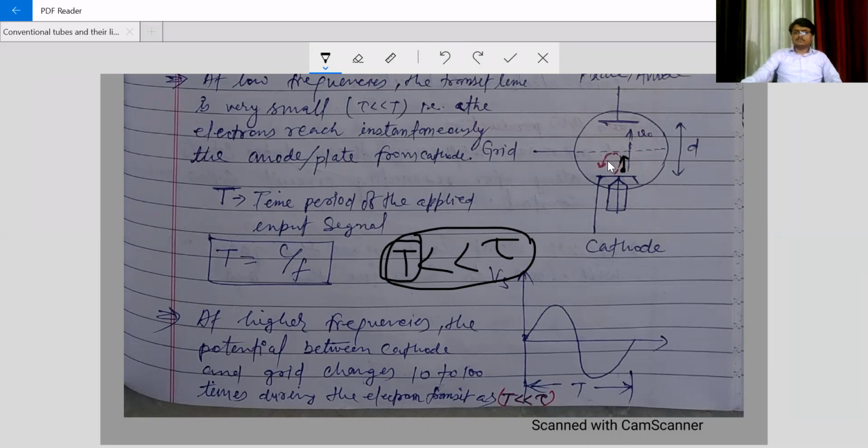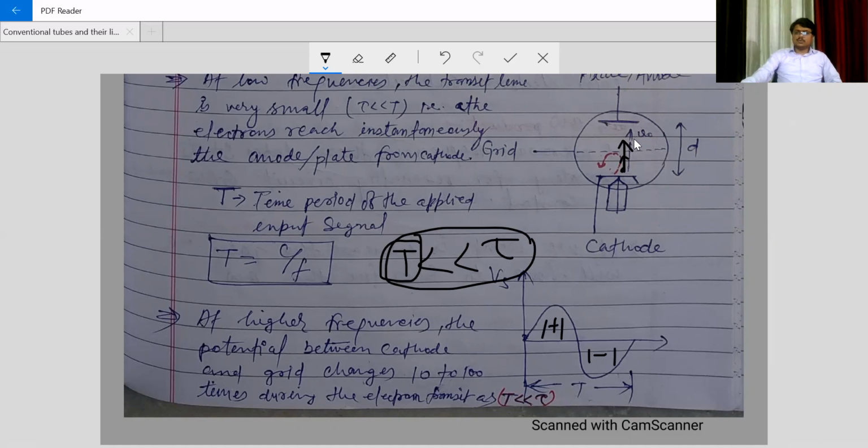So what will happen? The electron, in positive half cycle, will go from here to here, let us say. And now the polarity has changed. So now it is a negative cycle, negative voltage.